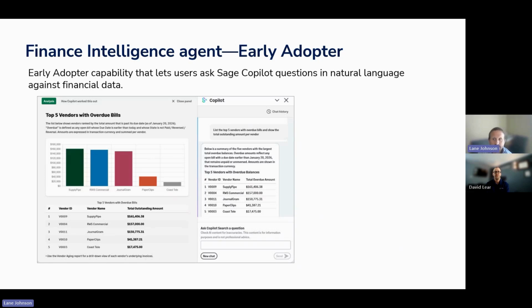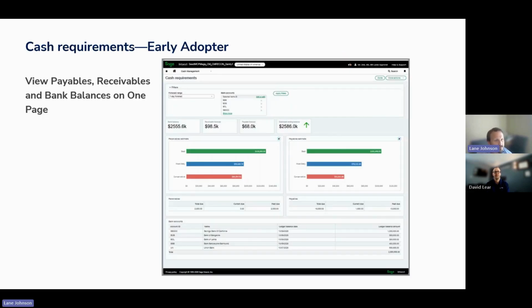Yeah. Thanks, Dave. So this next one, cash requirements. This is really just about short-term visibility into cash. Sage is going to be pulling your payables, receivables, and bank balances into one view. The big update here is that this is going to be expanding across multi-currency environments.